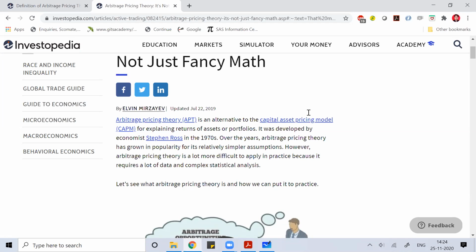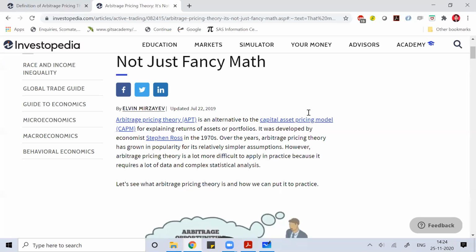It was developed by economist Stephen Ross in the 1970s, and over the years the arbitrage pricing model has grown in popularity for its relatively simple assumptions. That is what is important for us.